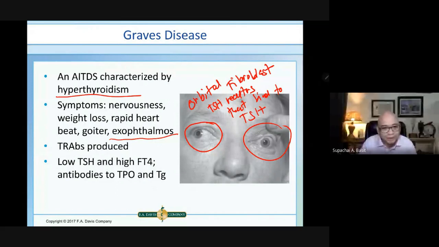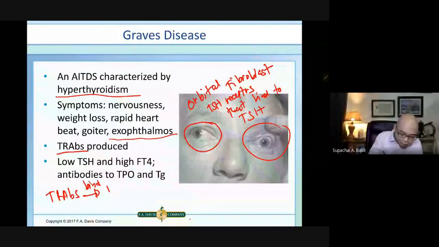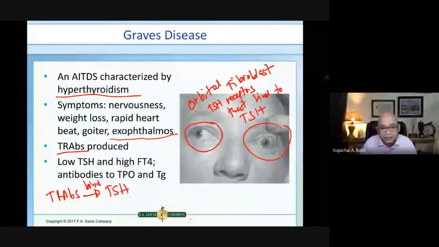We call these TRAbs, autoantibodies to the thyroid stimulating hormone receptor. Do not forget this one: TRAbs represent autoantibodies to thyroid stimulating hormone receptors. The TRAbs will actually bind to the TSH receptors.